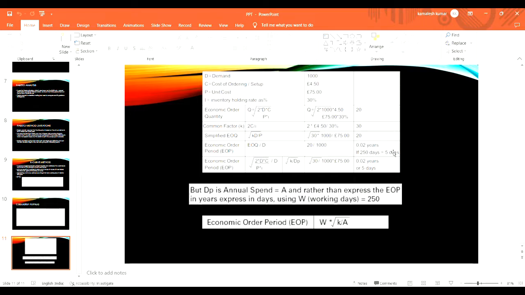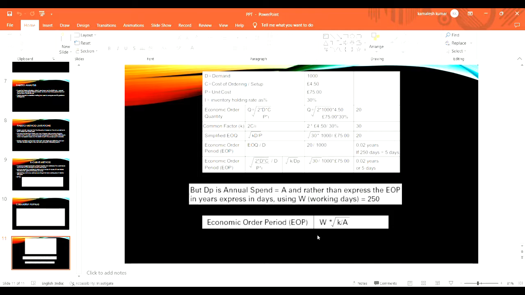If you want to convert this years into days, we know that 250 days is one year, so we have to convert years into days. For that, we can use this formula. So the answer is 5 days.